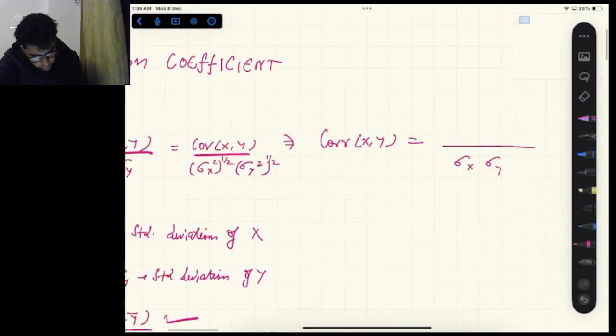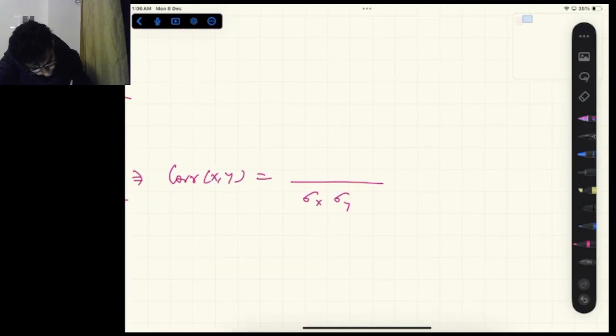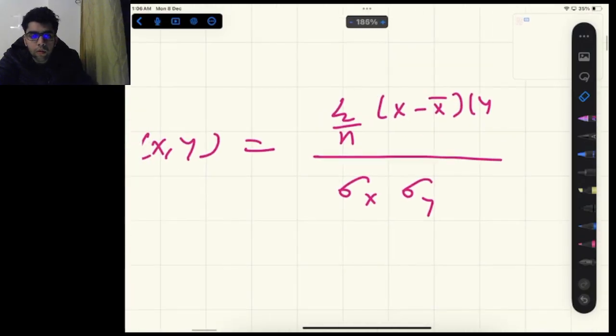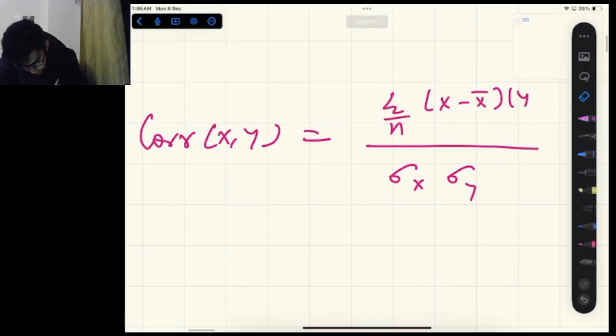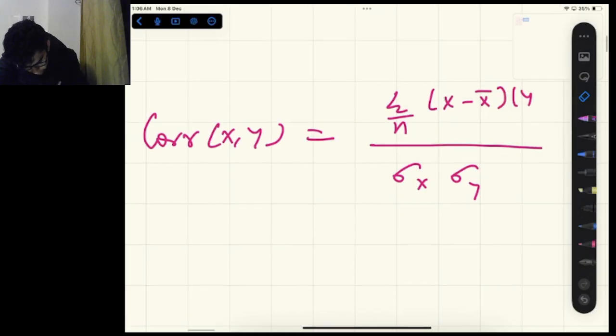Numerator is covariance of x comma y. So my covariance of x comma y will be sigma by n x minus x bar into y minus y bar, so this is my correlation. So x minus x bar and, wait a minute.